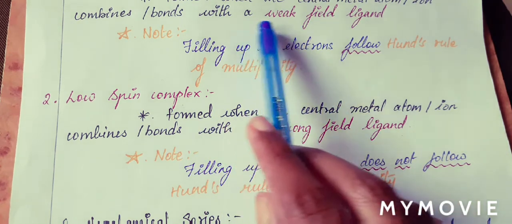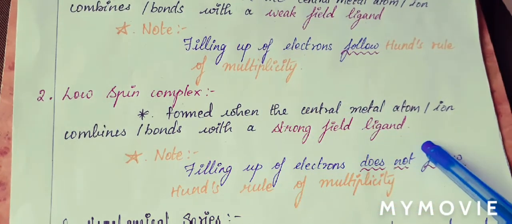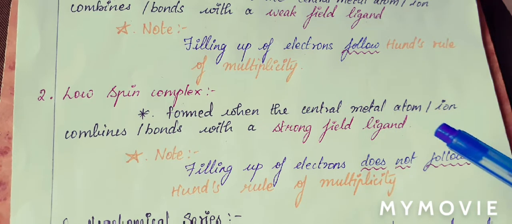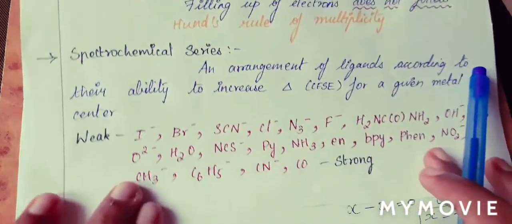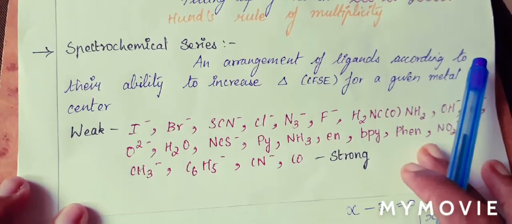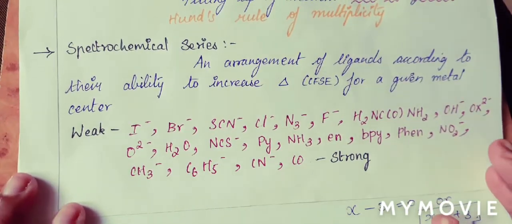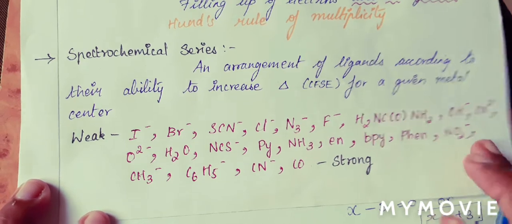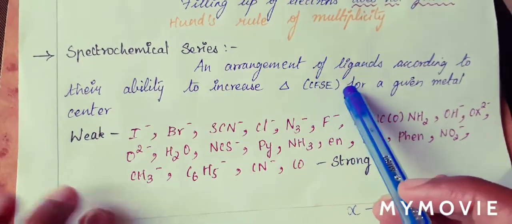So what is a weak field ligand and a strong field ligand? This can be better understood by looking at the spectrochemical series. Now the spectrochemical series is an arrangement of ligands based on their ability to increase the delta value or CFSE value.